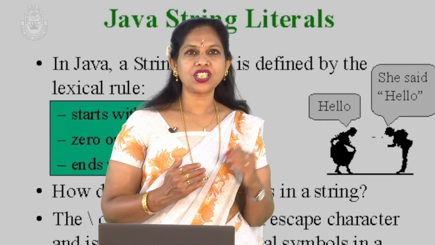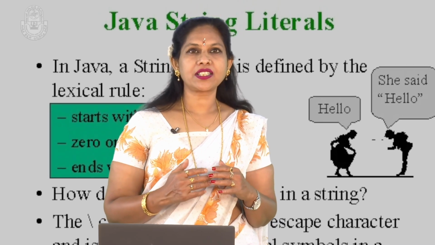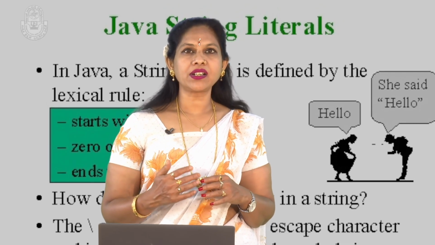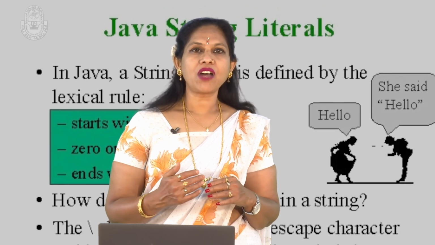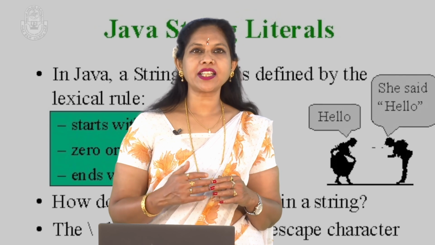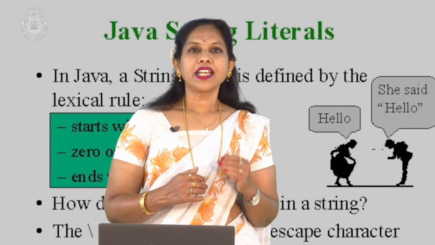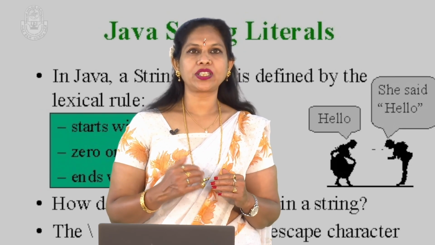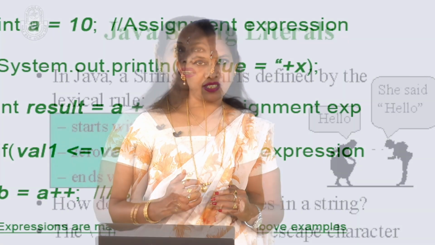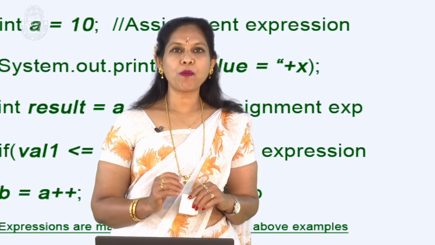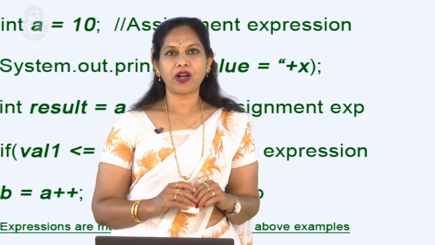Strings can contain character constants and Unicode characters. When a string literal is declared, Java automatically creates an instance of the class String and initializes it with the value specified.